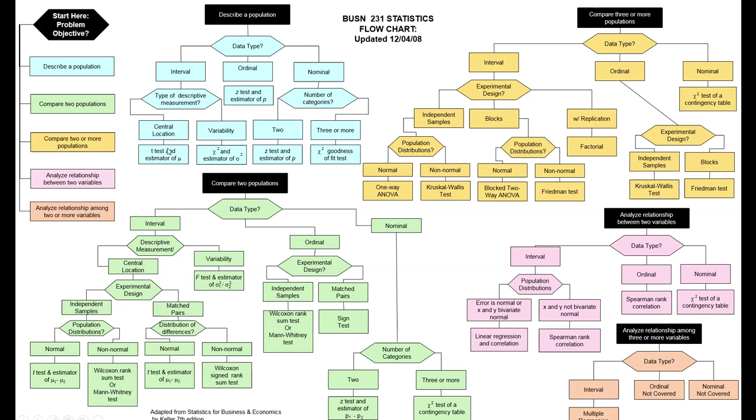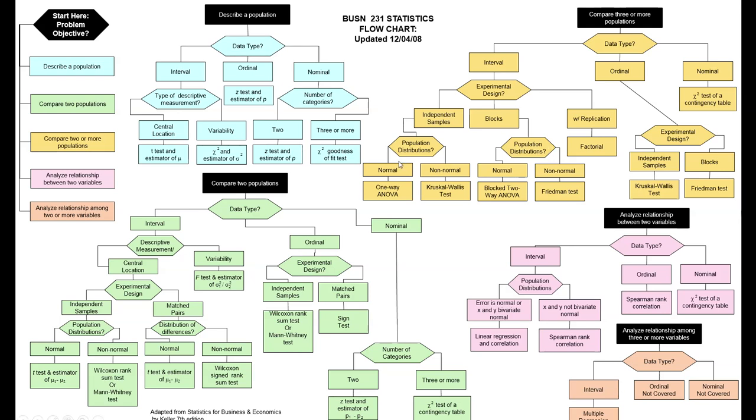Then you arrive at the bottom of this decision tree, and it says that you're talking about a single population, interval data, looking at the central location, so you use the t-test to estimate the mean mu. A t-test, an estimator of the mean mu, such as, for example, a confidence interval. Confidence interval is the interval estimation of the mean mu.